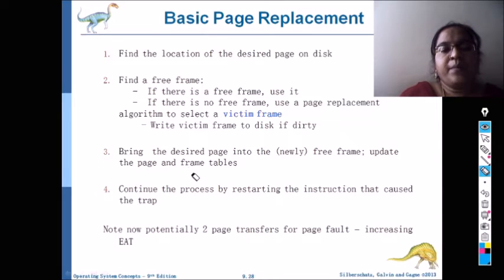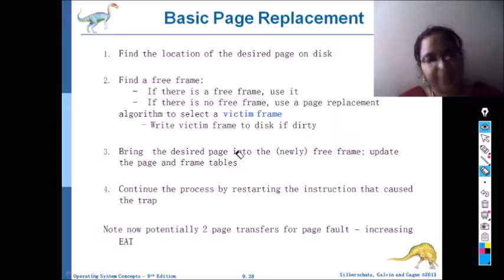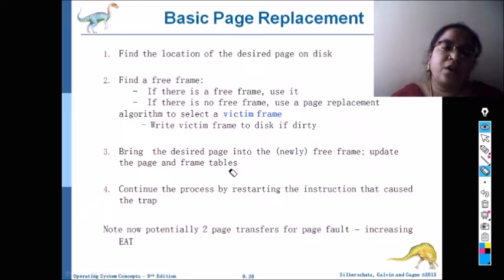The frame table gives the details of the free frames, and it is with the operating system. For every process you have a page table, but the frame table is common, held by the operating system. It gives the details of which frames are occupied by which process, with the list of allocated and free frames. Next, restart the instruction that caused the trap, so you start the instruction again.